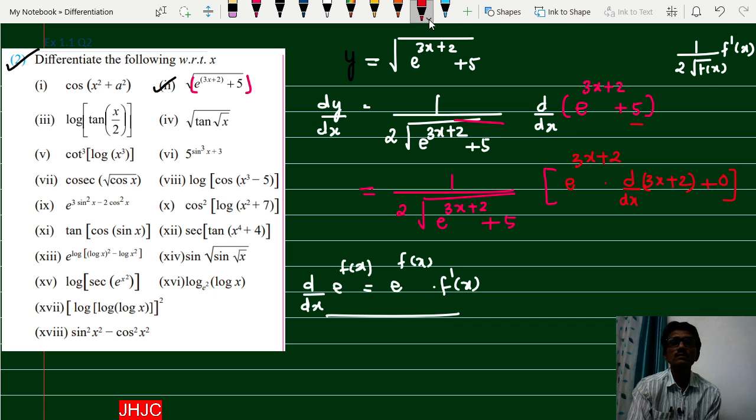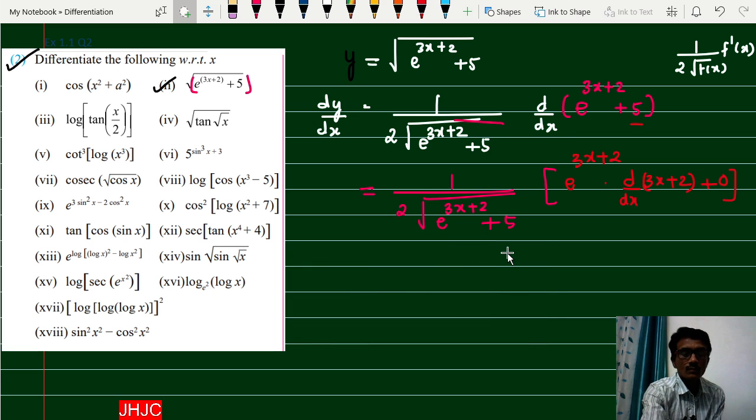Further, this is what, 3, and we are getting here finally the answer.